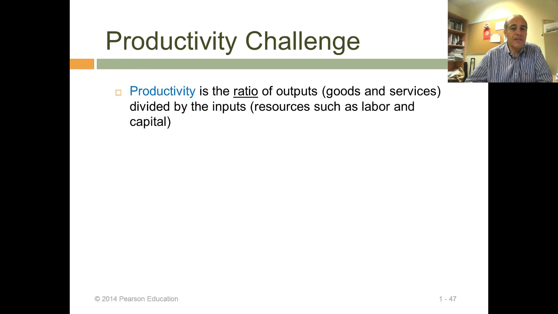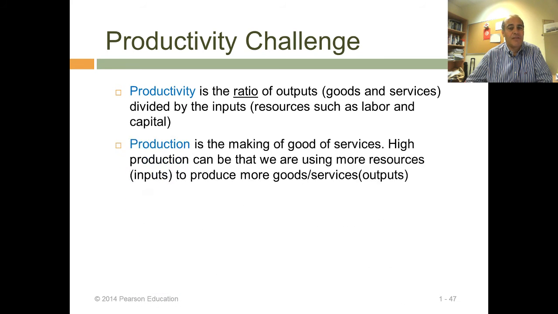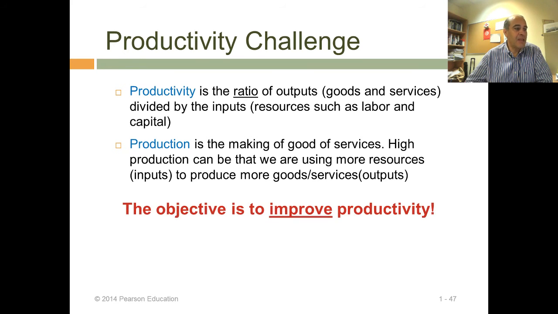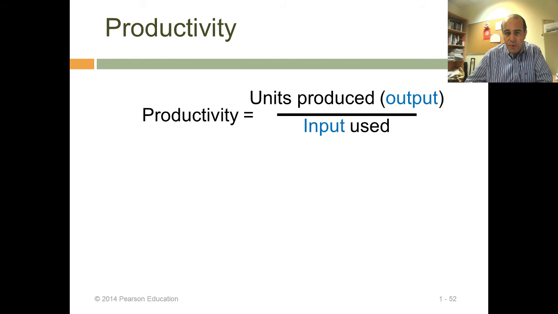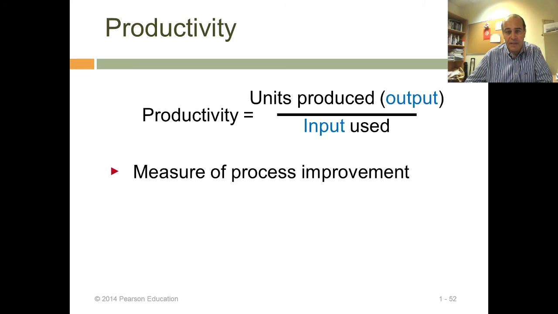To put it simply, productivity is the ratio of outputs, goods and services, divided by all the inputs that we're putting in, resources like labor, capital, material, electricity, etc. Production is the making of goods and services using the best way the inputs that we have, and the objective in operations management is always to improve productivity. Productivity in simple words is units produced, output, divided by input, no matter what the input, no matter what the output.